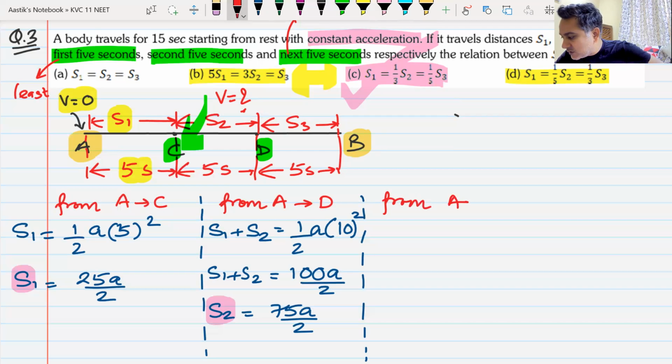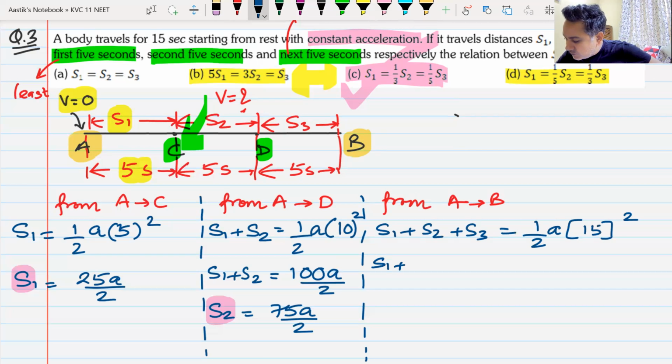I will still make the equation from A to B. Now, if you look at the displacement, it is S1 plus S2 plus S3. That will be equal to half into acceleration into time, which now becomes 15 square.